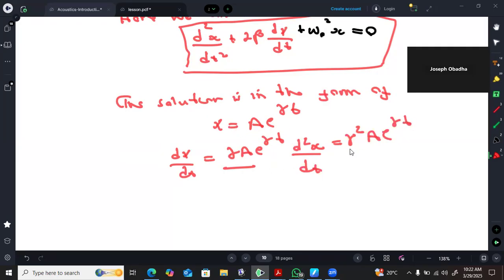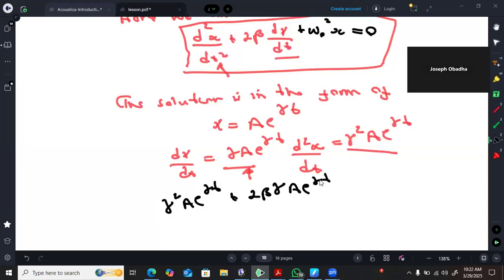So we can now use this to replace it here, and dx by dt we have seen is given by this. If I do the replacements, then for this I will have gamma squared A e to the gamma t plus 2 beta gamma A e to the gamma t, then plus x, the value of x there, A e to the gamma t equal to 0.